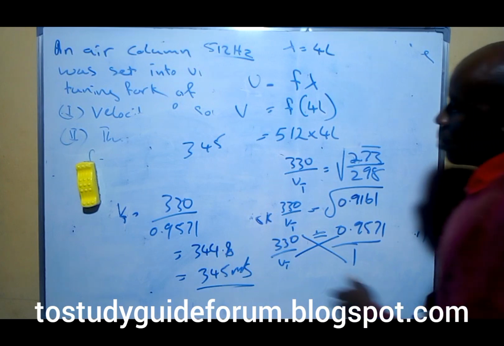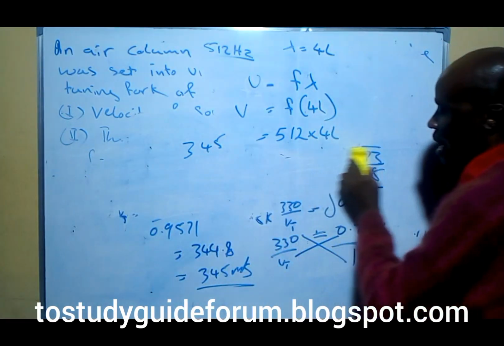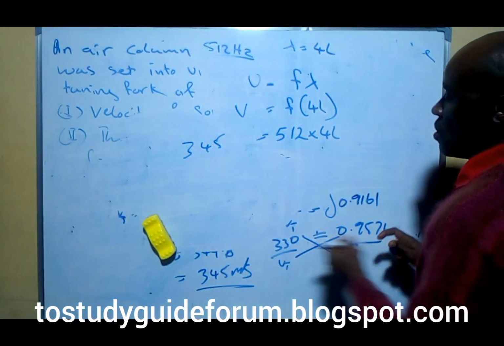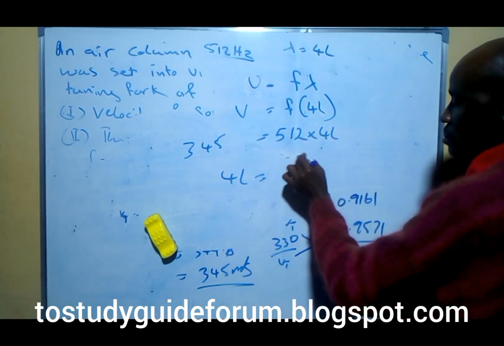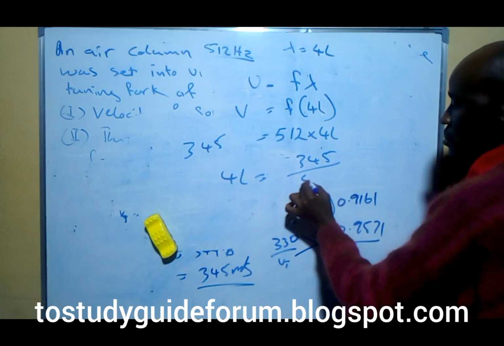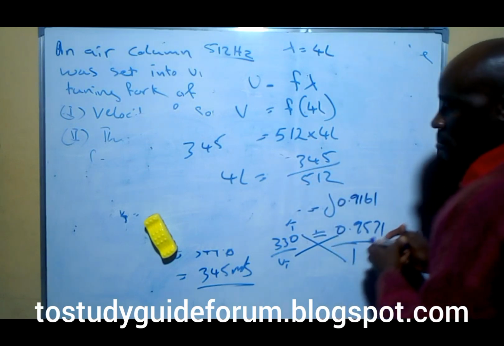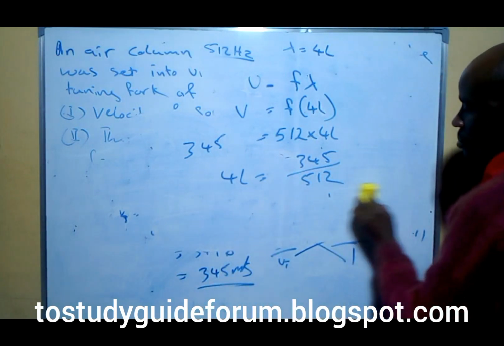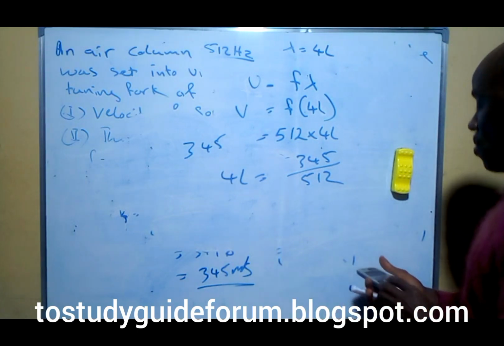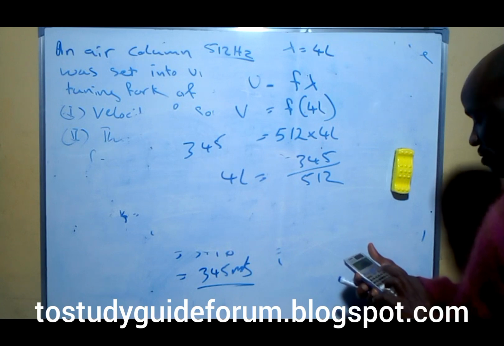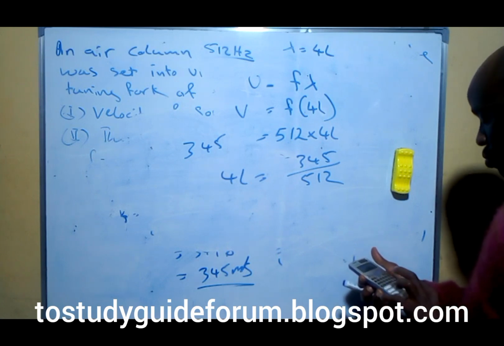Then we can cross multiply. If we cross multiply this, we'll have 4L is equal to 345 divided by 512.